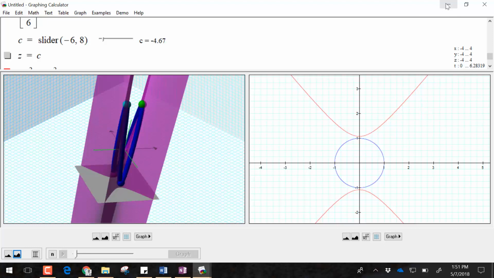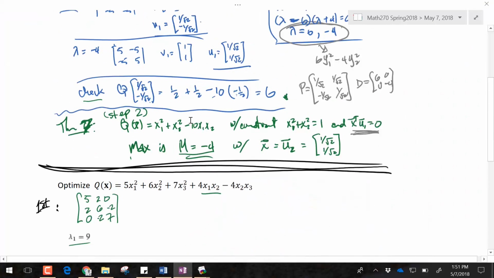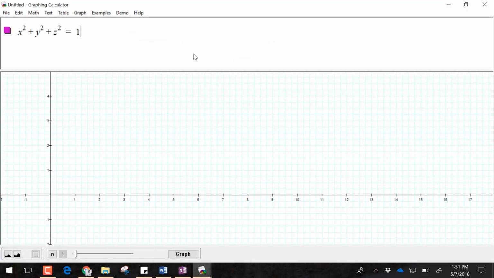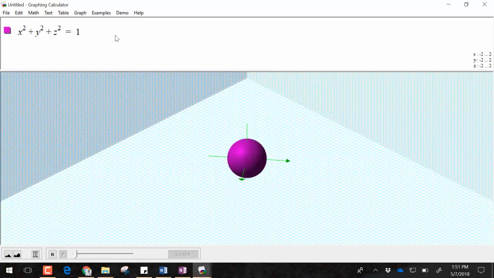All right? So now, the function was this big mess, and the original constraint was x squared plus y squared plus z squared is equal to 1. So this is your original constraint.